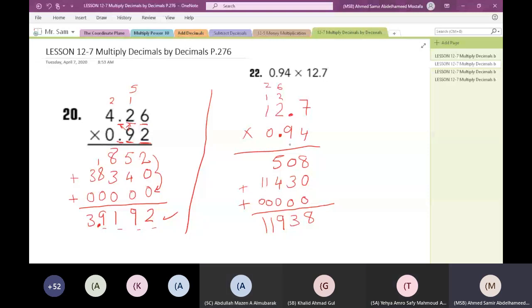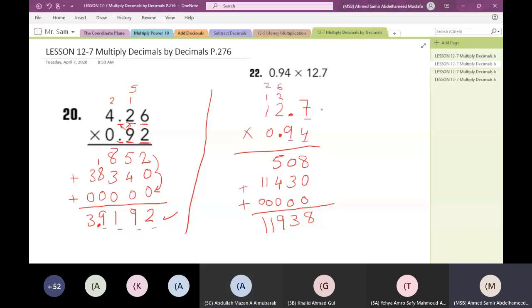So where to put the point in the answer? After 4 digits. Why 4 digits? How many digits after the decimal point here?